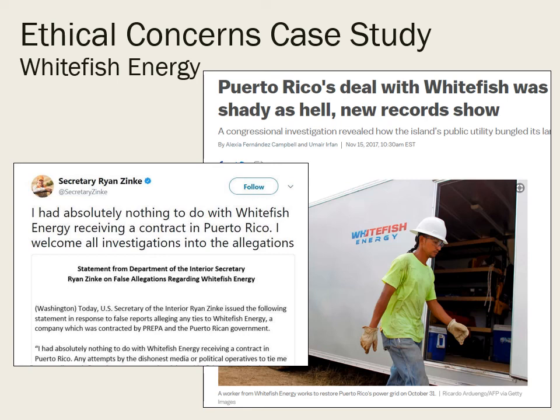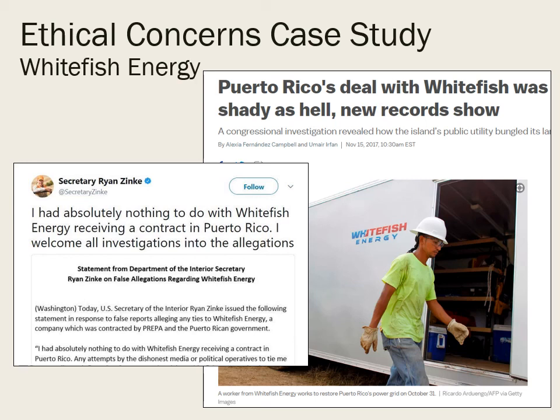So usually, if you've got a major blackout, loss of electricity of some sort, local and state governments have mutual aid agreements with U.S. utility companies. So those companies send crews, at minimal cost to restore power. That did not happen in Puerto Rico. Instead, Whitefish Energy got the money.